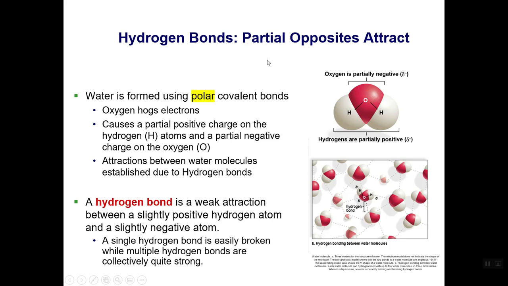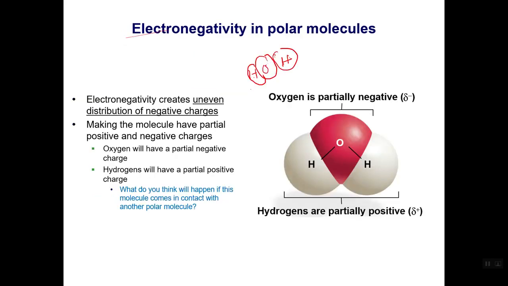Oh, no. Okay, let's just try again. So here I have an oxygen, and here I have my hydrogens. This is going to be partially positive, and here we have a partial negative.